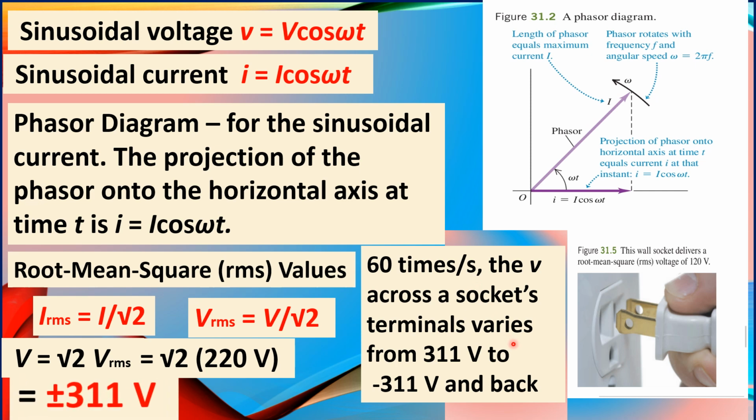So in one cycle, we can imagine that the voltage is fluctuating from positive 311 volts to negative 311 volts. But the root mean square value, we say, is 220 volts. In the US, the root mean square of the voltage of most household sockets is 120 volts.